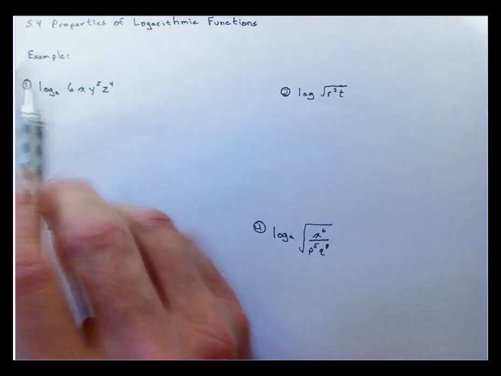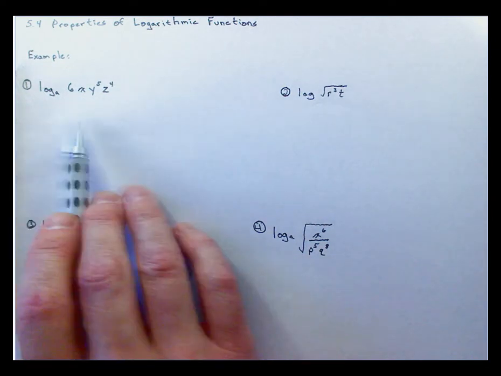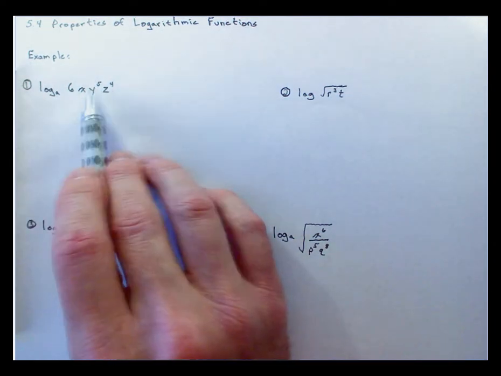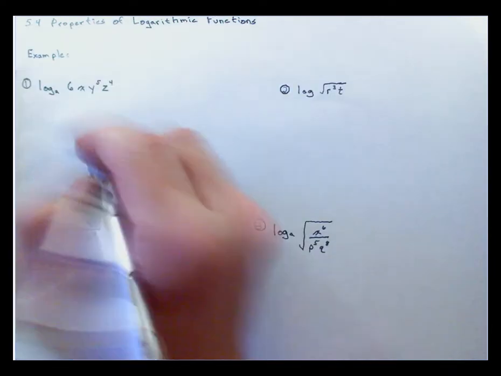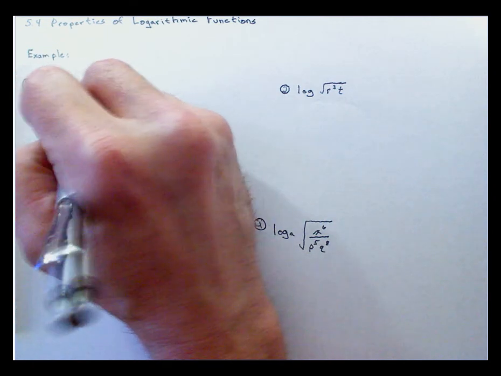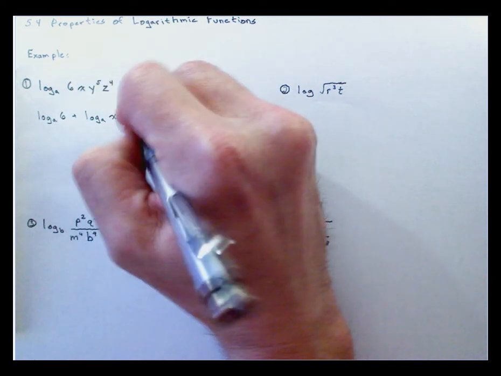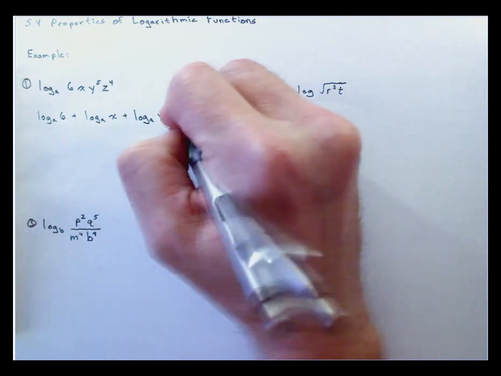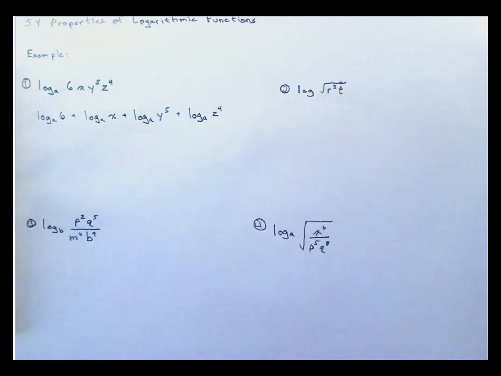Alright, so for the first one, there's multiplication going on in here, so I know I'm going to use the product rule. I'm going to have a series of sums, log base a plus log base a, and so on. I also have powers here, so I have to use the power rule also. So let's start. Log base a of 6 plus log base a of x plus log base a of y to the fifth plus log base a of z to the fourth.